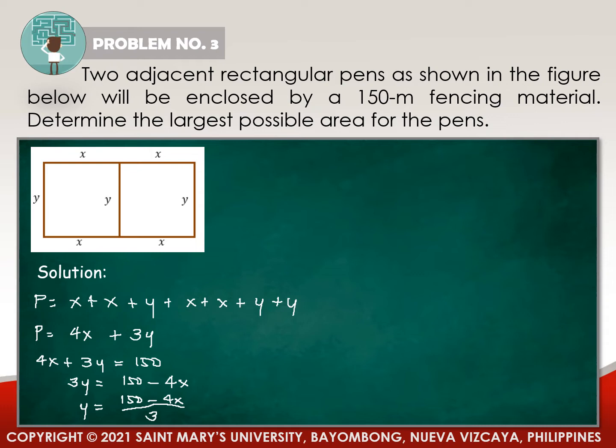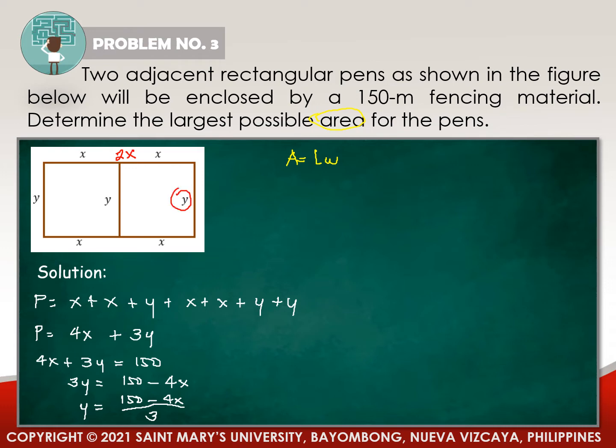Okay. Since we are also talking of the area ng rectangular fence, and since we know that the area is equal to length times width, since this is a rectangle, in the given, ang length natin is what? 2x. And ang width natin, y.